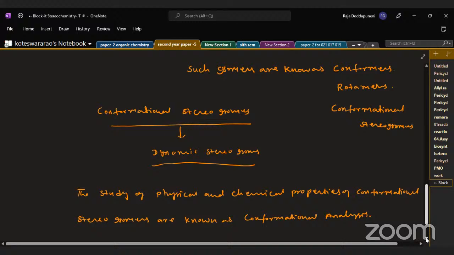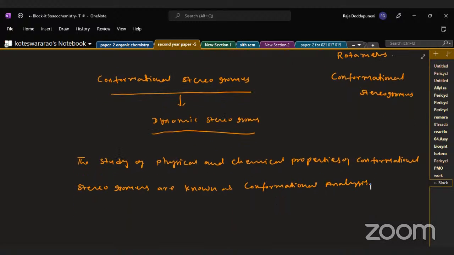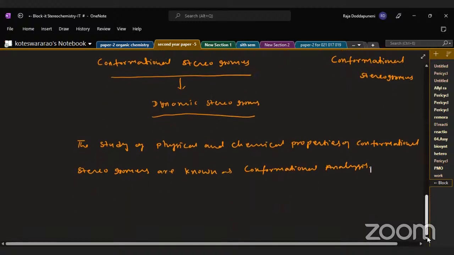For this conformational analysis, first you come to understand the stabilities of the compound.